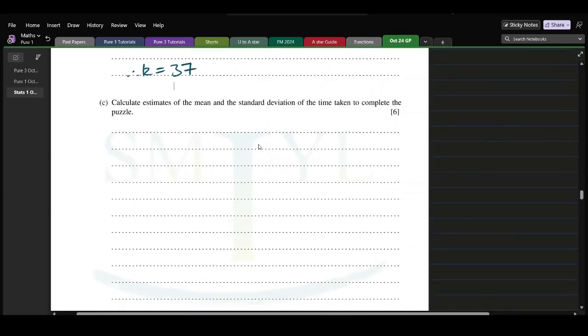Part C. Calculate estimates of the mean and standard deviation of the time taken to complete the puzzle. Alright, for us to be able to find the mean and the standard deviation, we first need to find the midpoints and the frequency. So we need a table with midpoints and frequencies.